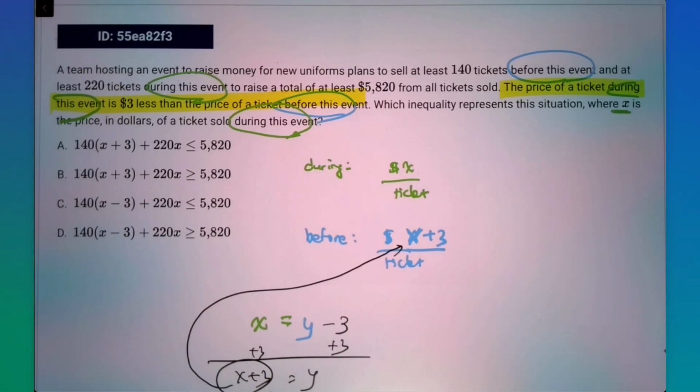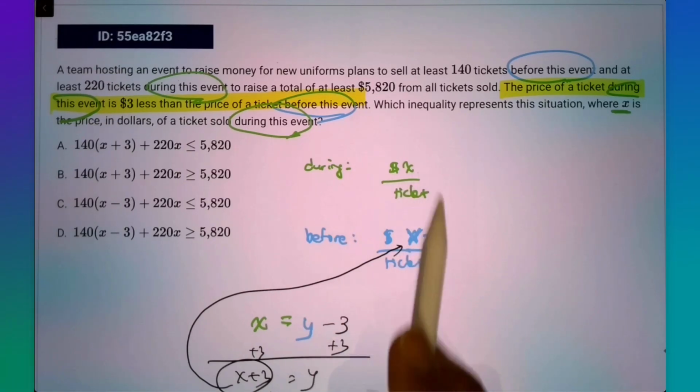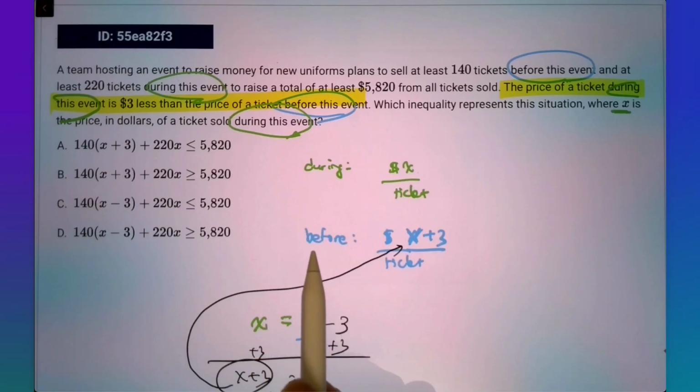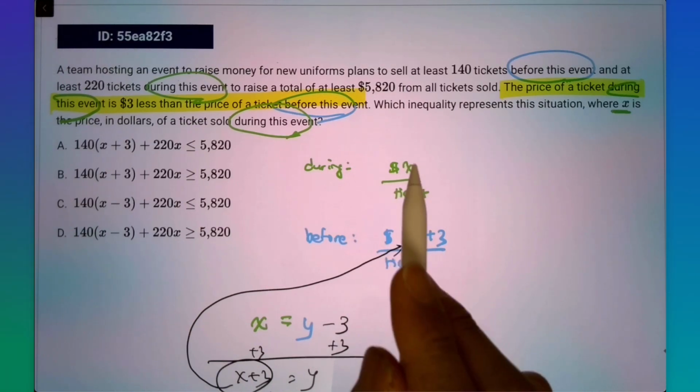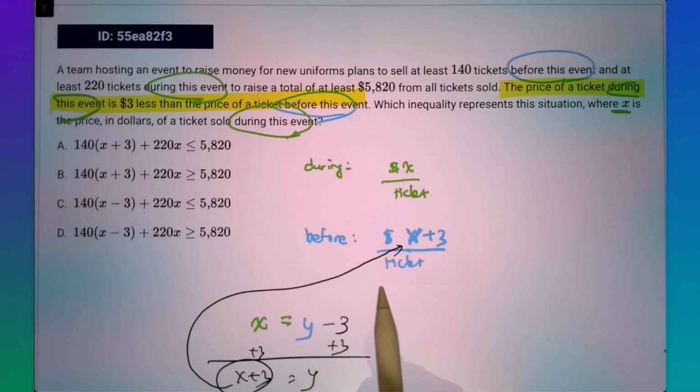Okay, so now we have to work on this $5820. So we're gonna have to add both income or revenue during and before, and we want this total to be at least 5820. Now, before we add them up, we got the unit rate, dollar per ticket, but this is dollar, so we need to multiply by the number of tickets.